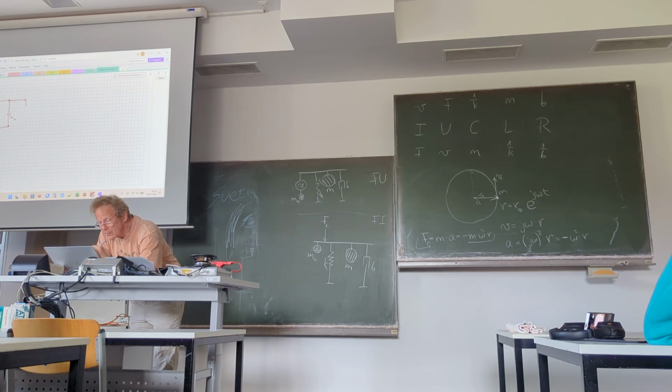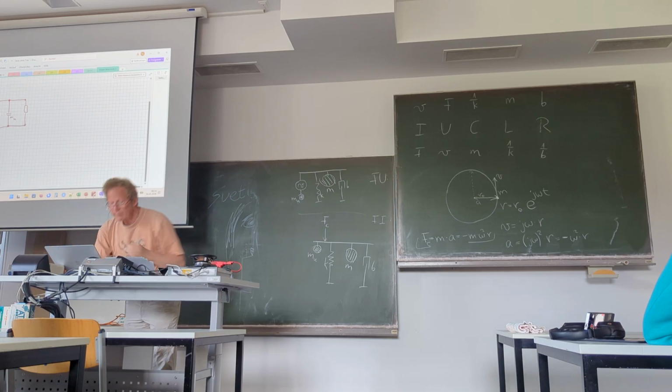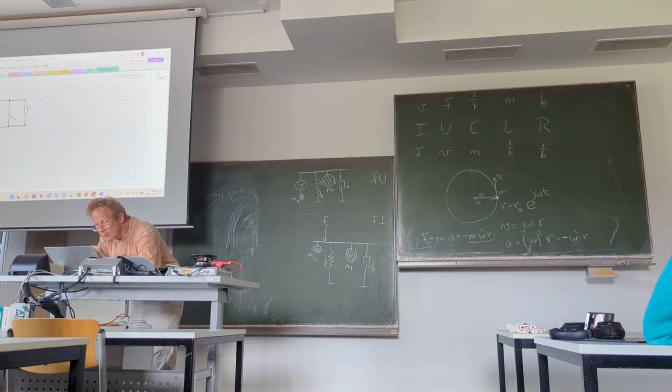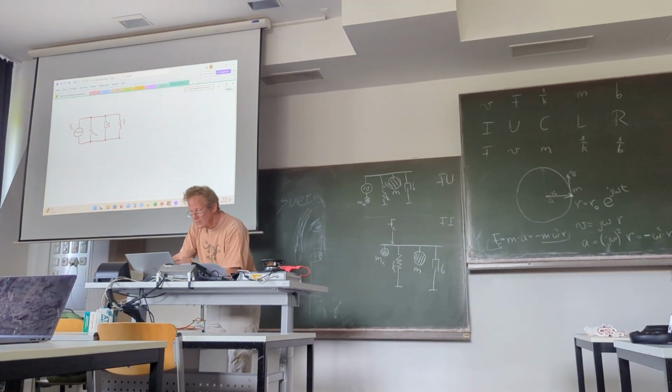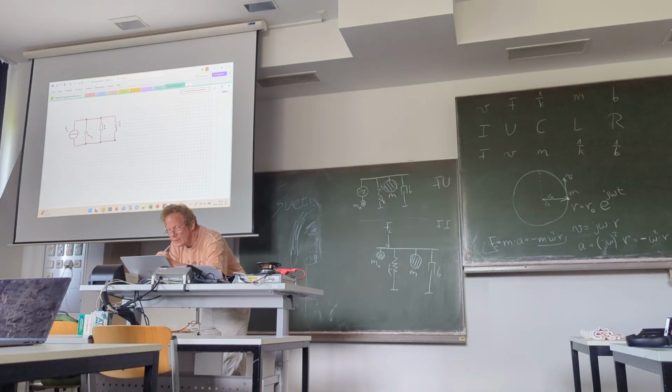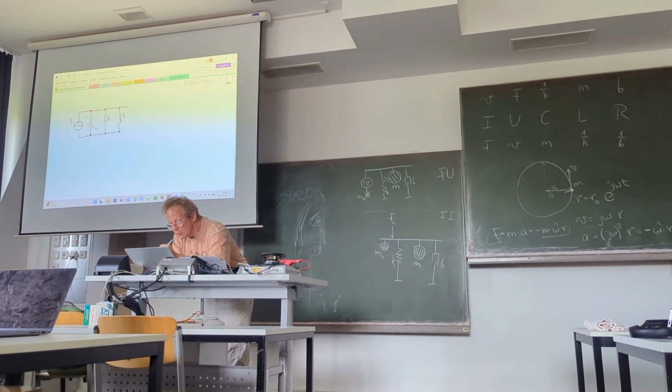So damping becomes a resistor, and actually we provide a 1 over B. So the resistance value is 1 over B. And this spring becomes an inductivity, and the inductivity value corresponds to 1 over K. And of course we have the larger mass of the motor, which becomes another capacitor.